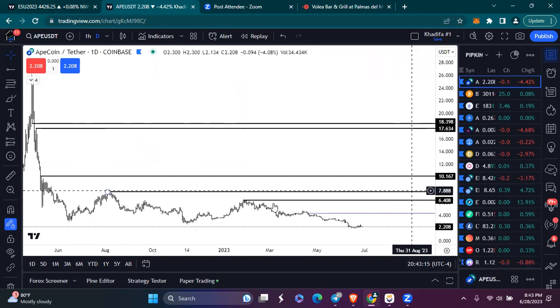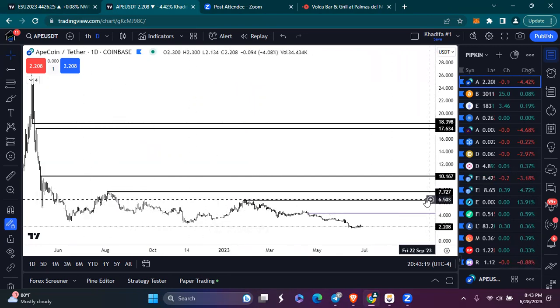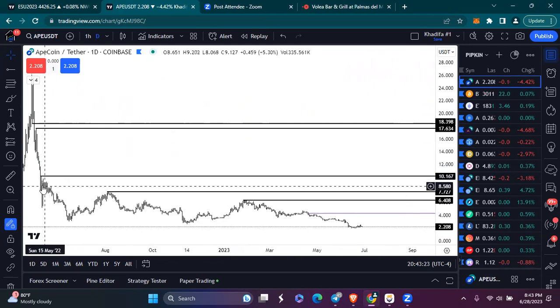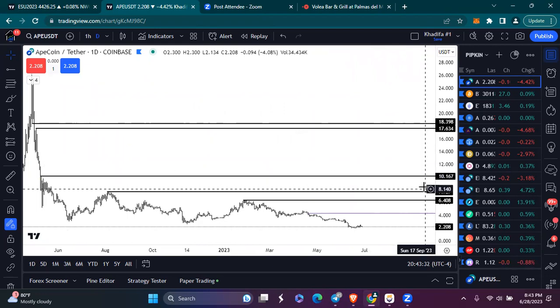And once we break $7, $8, we don't really have any resistance except for this last little structure right here at like $9. Once we take that $10 buy side liquidity, it's a wrap.